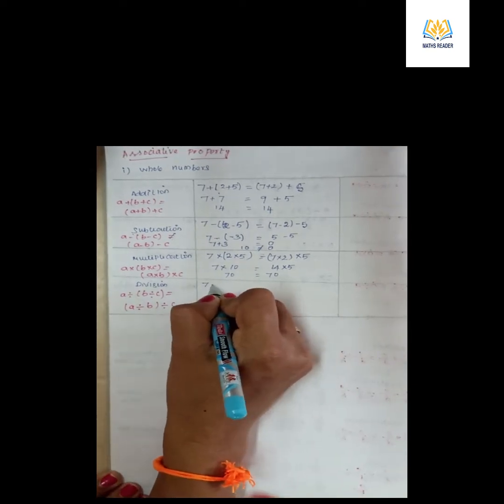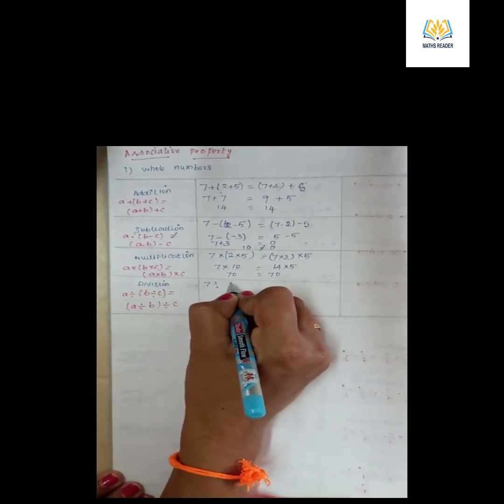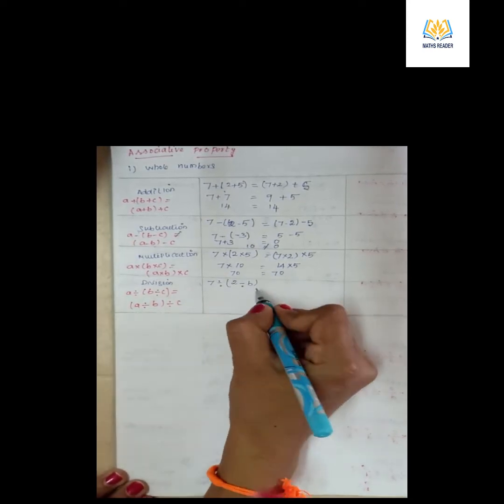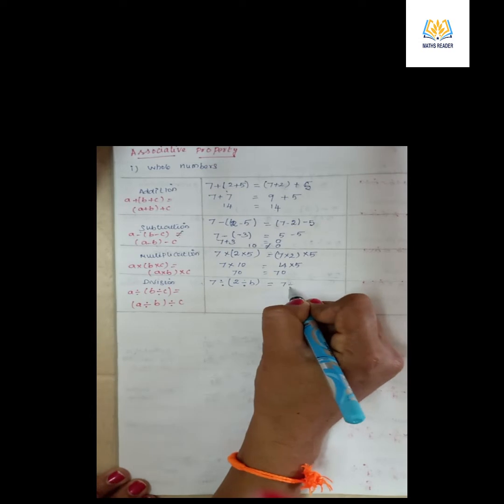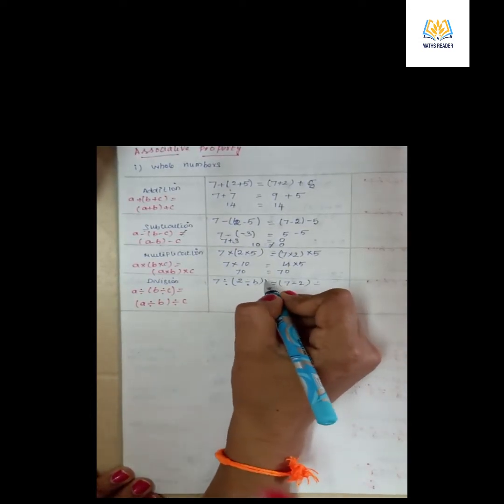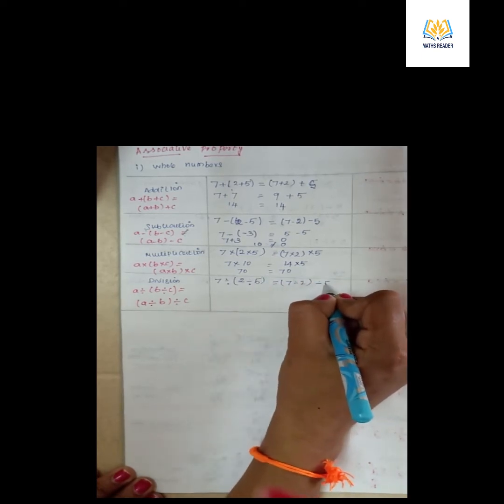Next, 7 divided by 2 divided by 5. This is equal to 7/2 divided by 5.